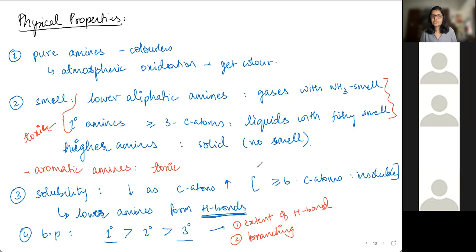And what reactions are related to basicity? Then apart from that, we have alkylation, acylation, carbylamine reaction, and electrophilic substitution. So with amines, there's an extra thing that you haven't found in the other organic compounds, which is testing whether it's a primary, secondary, or tertiary amine. So these are all there.